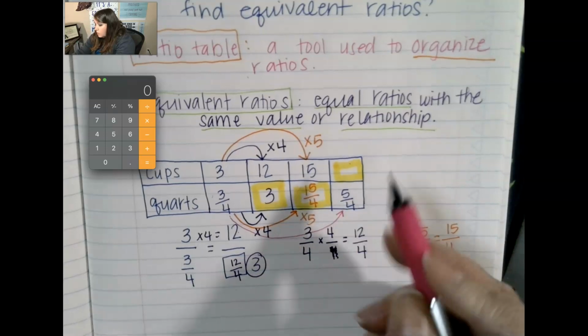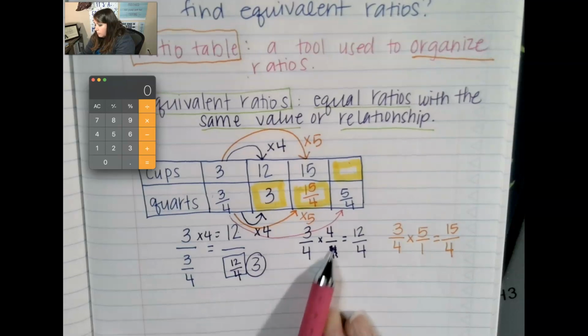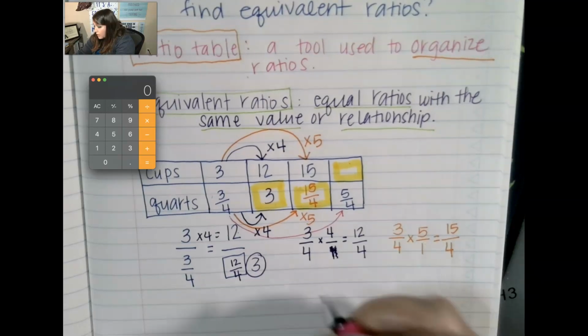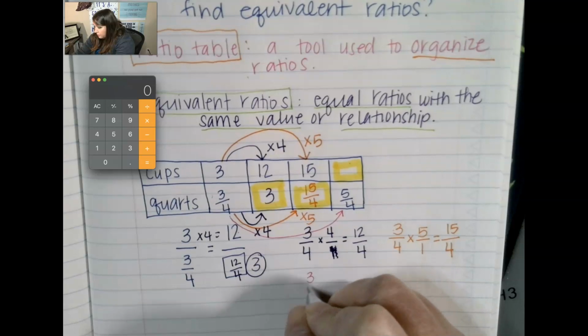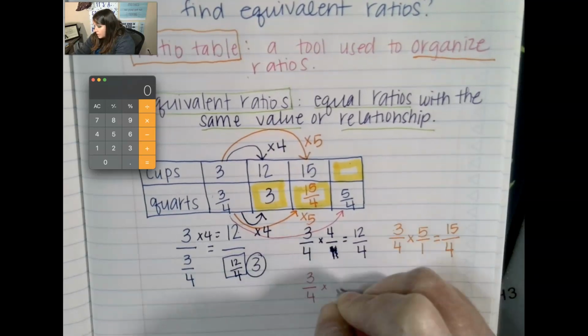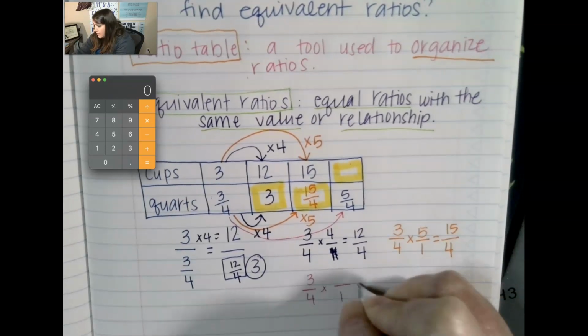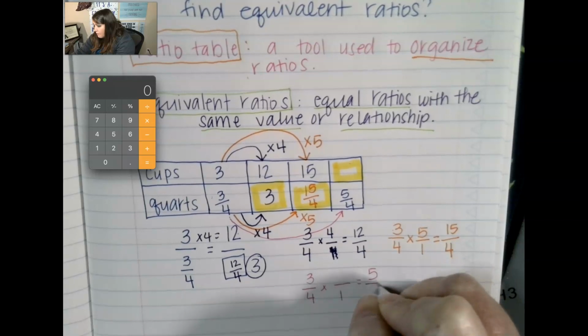We know that we're going to put it over 1, just like we did here. We multiplied by 4 over 1, 5 over 1. So we're going to take 3/4 and multiply that by something over 1, and we need to know what that something is so that we can get 5/4.